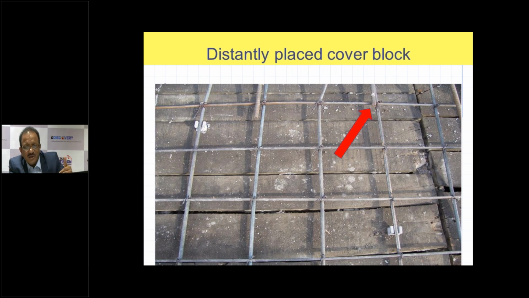At every 2 feet distance, there should be one cover block. I mean, that is a thumb rule. At roughly 2 feet distance, you should provide one cover block so that the steel is placed firmly in position, and nowhere you will lose the desired cover which is supposed to be provided as per the structural engineer's drawing.